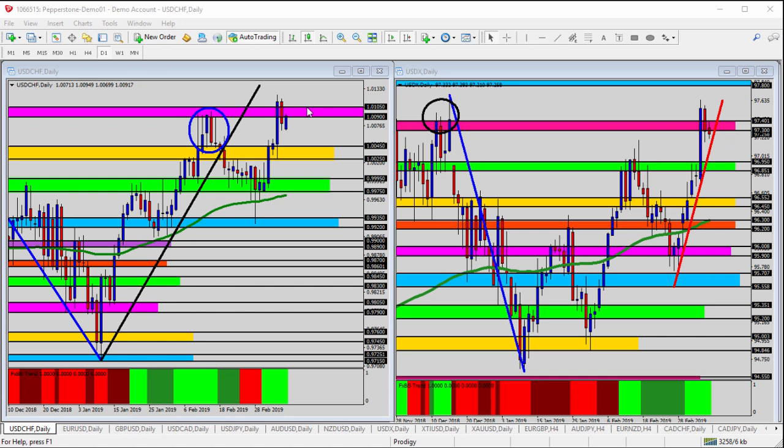If the US dollar breaks the pink zone 97.40 and goes up in continuation of the red trend line, we would also expect the dollar franc to follow suit and break the pink zone 1.01 and continue to go higher. So we keep an eye on both for some directional clue if we're trading a pair like the dollar franc.